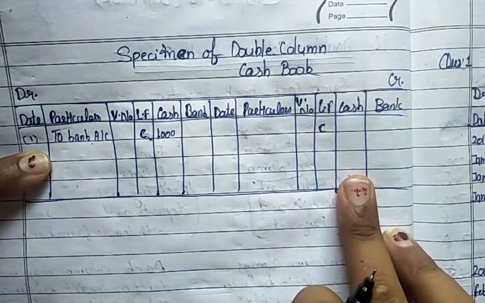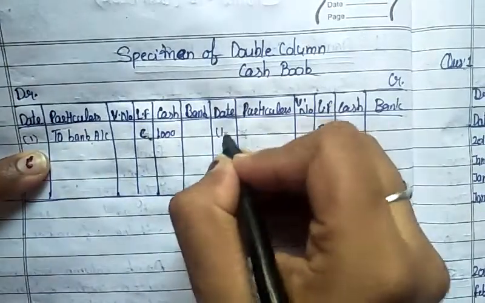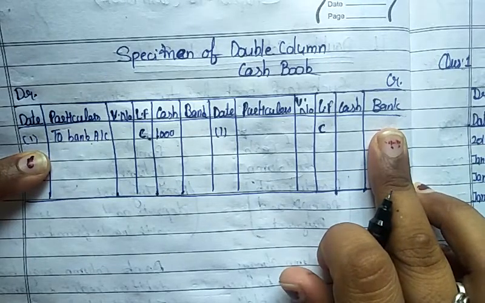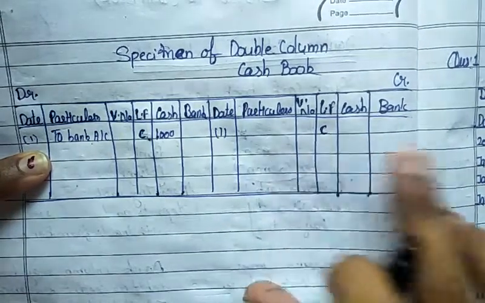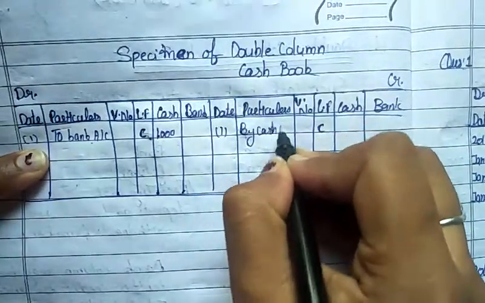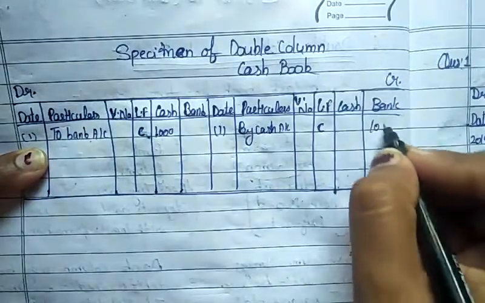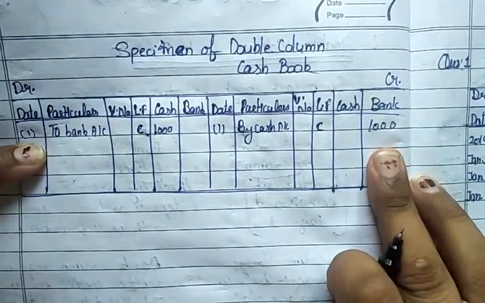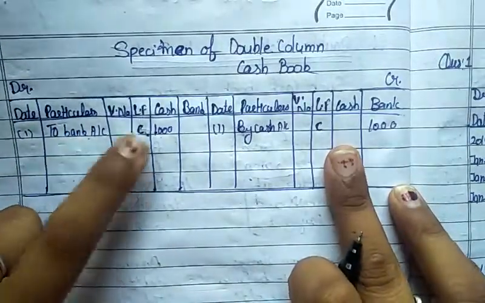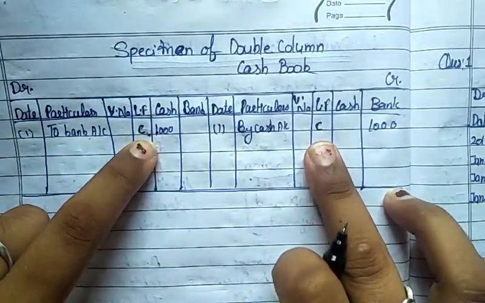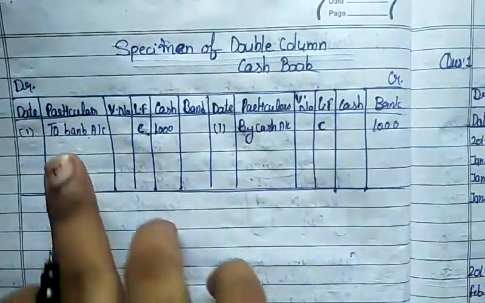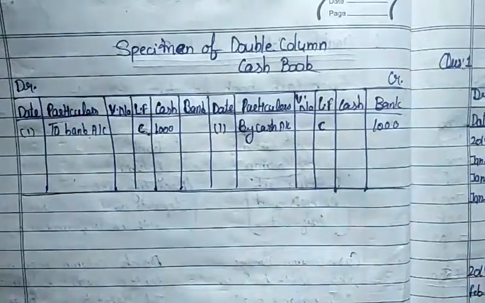And in this similar entry, students, bank is credited, so we also prepare the bank transactions in the cash book. Here bank is credited, but we write "by cash account" and post the amount in the bank column of the credit side. So this entry is a contra entry. Whenever the entry is like this, we must write the letter C in the ledger folio column. That denotes that this entry is a contra entry. Clear, students?